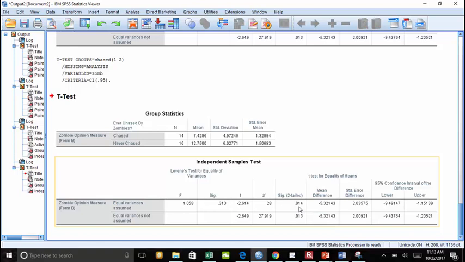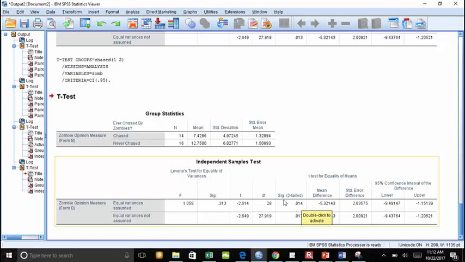And again, on page 100, sort of in the middle of the page of your textbook, where it says, is the test significant? And it will let you know. If the significance two-tailed is greater than 0.05, then the difference is not significant. If it's less than or equal to 0.05, it is. So we've got a significant difference here, which makes sense.